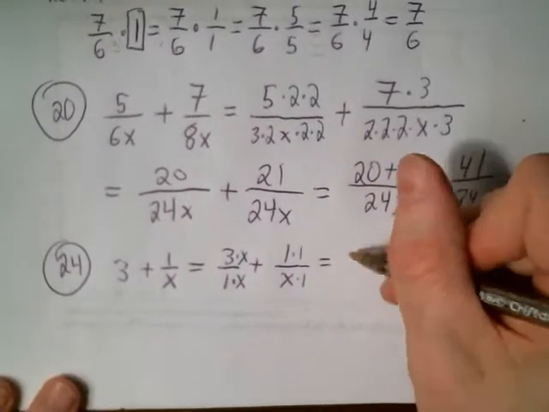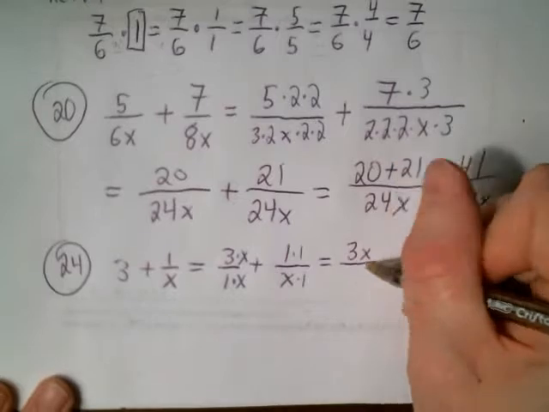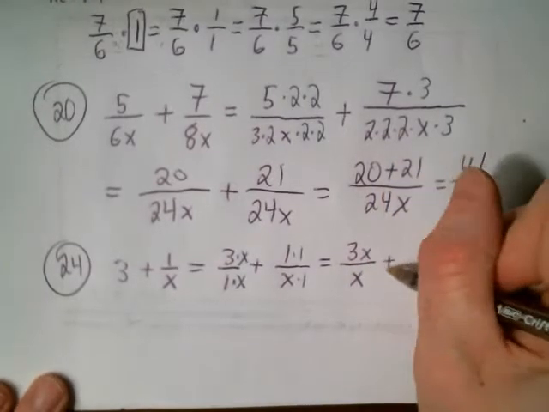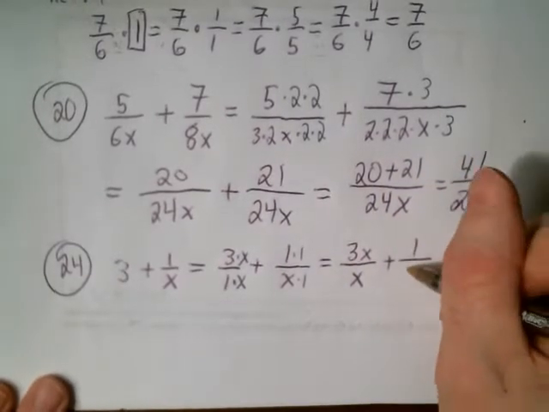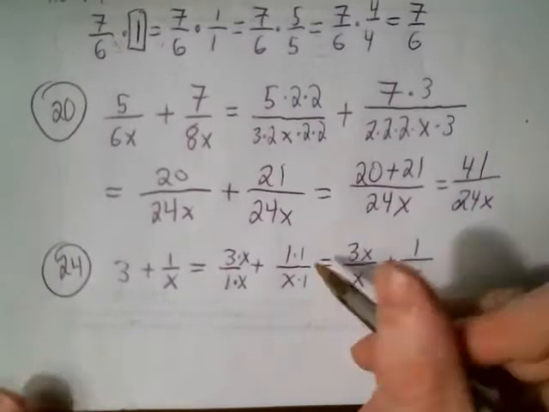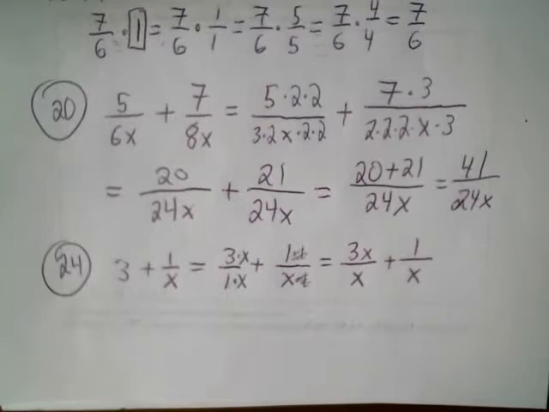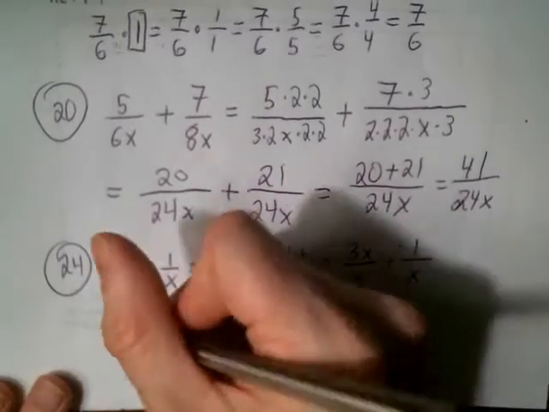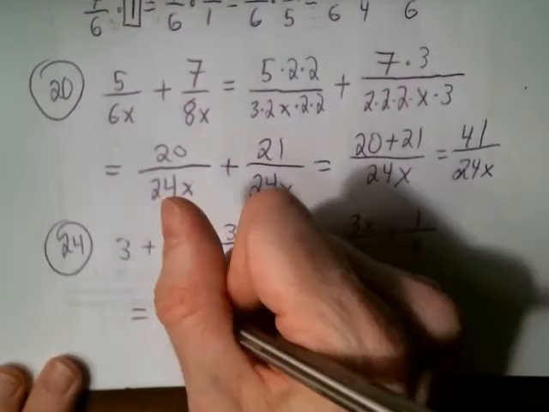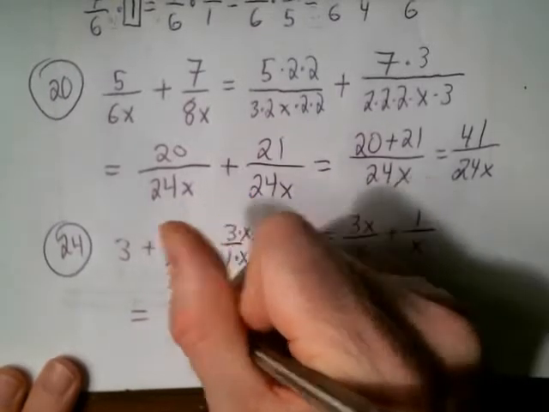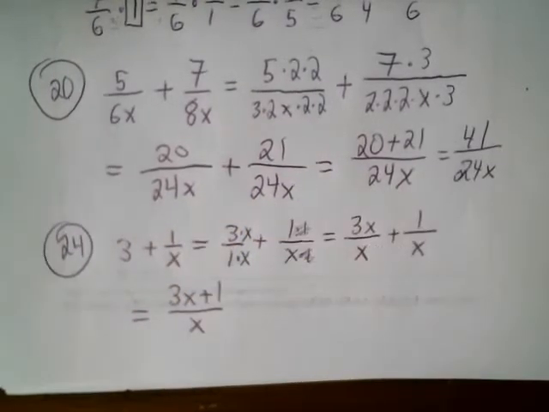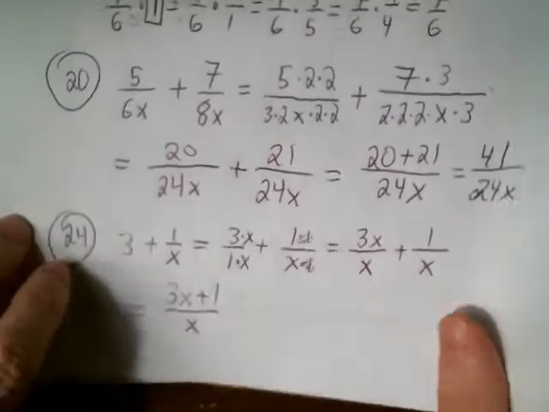So when I multiply out, I'll get 3x all over x times 1 is x, plus 1 times 1 is 1, all over x times 1 is x. And so there was no need to multiply top and bottom by the 1. That was a bit silly, right? Okay, finally add the numerators over the common denominator, 3x plus 1 all over x, and you're good to go.